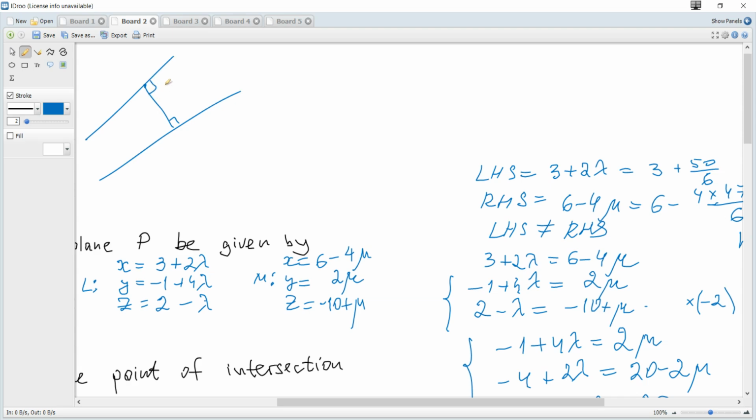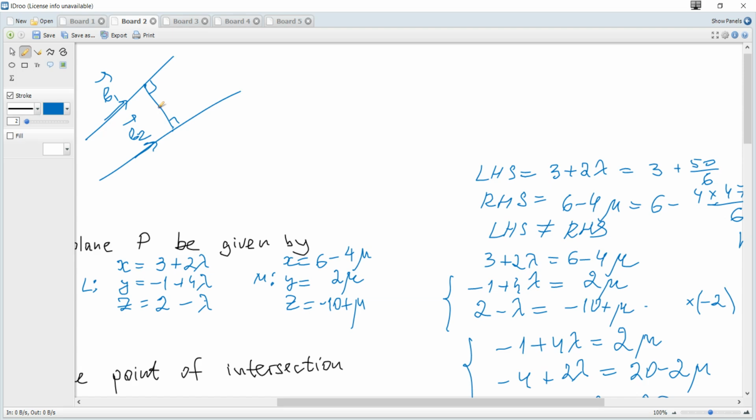The first method: I need the vector which is perpendicular to both lines, and we know direction vectors for both lines, and a vector which is perpendicular to b1 and b2 can be obtained as a cross product.